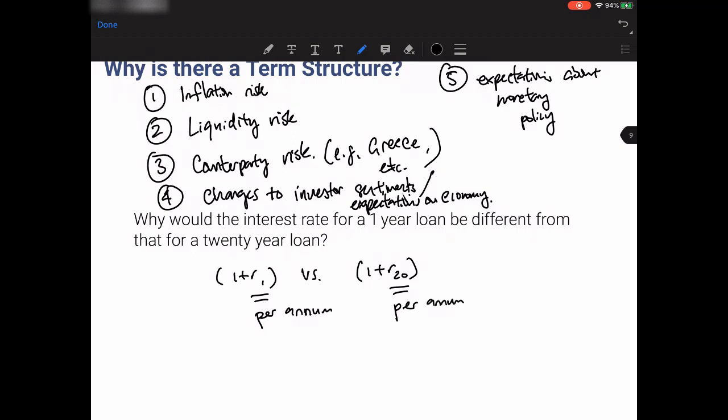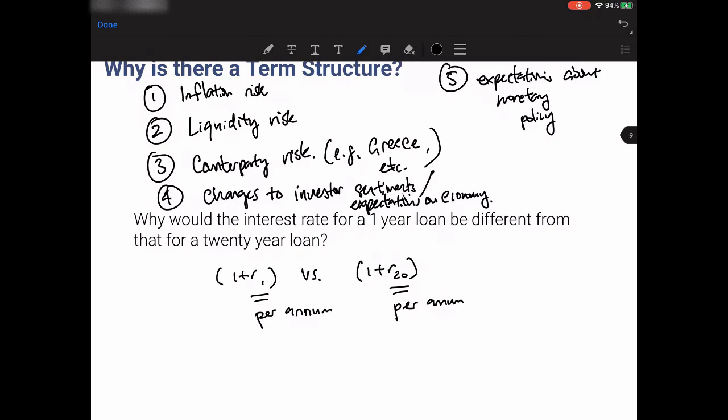There's a difference because of potentially the 5 reasons I mentioned. There could be inflation risk. There are differences in expectations about future inflation. There are differences in liquidity risk in the type of assets. For example, if the 20-year bond that's being traded is more liquid than the 1-year bond, then you're going to have a difference in interest rates, most likely.